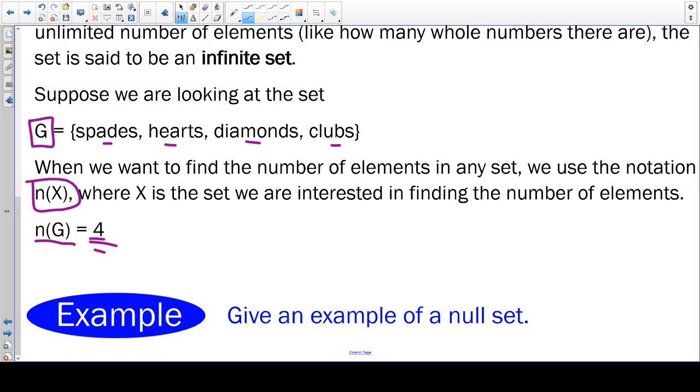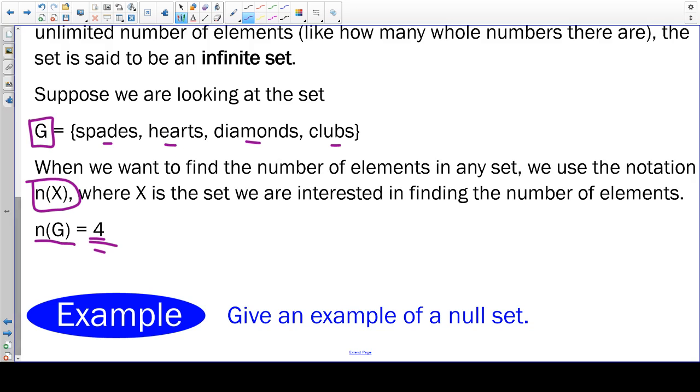The question is not asking us for a set. It's asking us how much stuff is in the set. We've got spades, hearts, diamonds, and clubs. There's 4 things in the set, so the answer is 4. We do not use brace brackets, because it's not a set that we're talking about here.